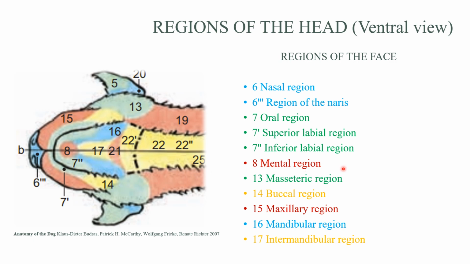Then we have the mental region. I know it sounds like a crazy person, but it's not. It's just another bone that the skull consists of. So it's right here, and we will talk about it when we arrive at the parts of the animal's skull.